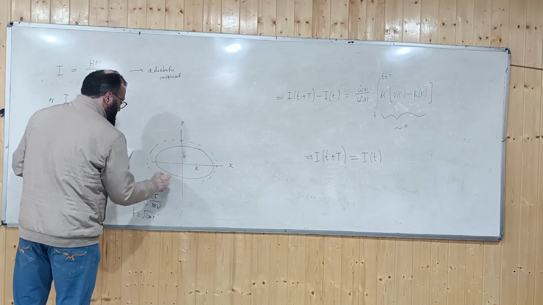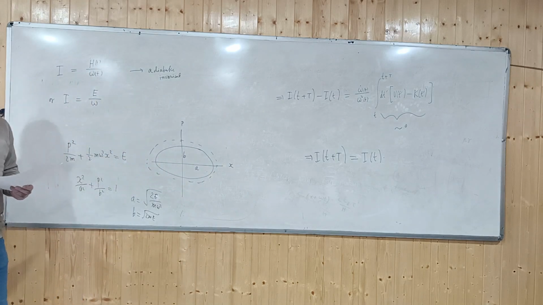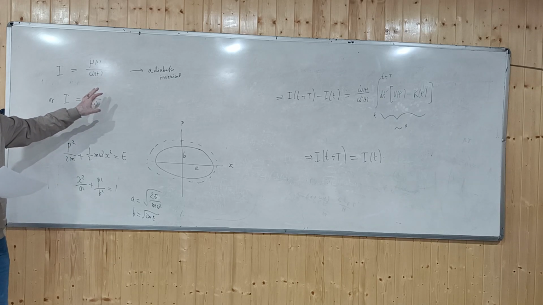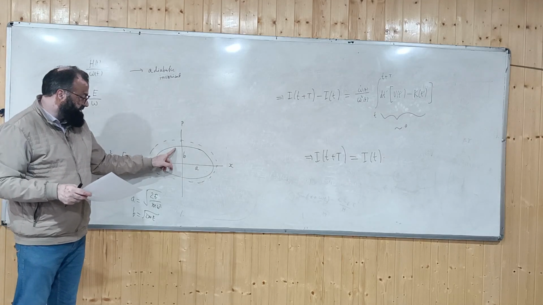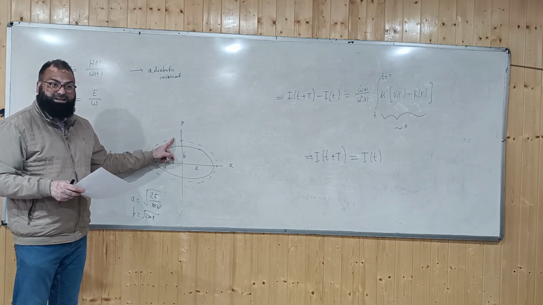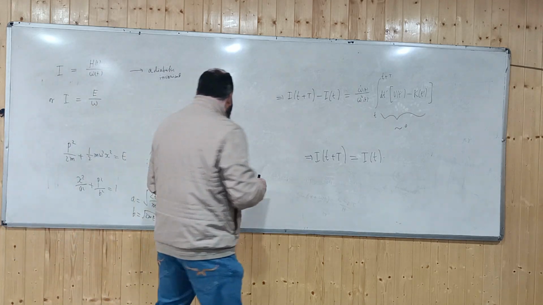So each trajectory has fixed energy. Clear? Since if I am moving adiabatically, this ratio will be constant. So for this trajectory you will have E by ω constant. Got it? So if you move adiabatically. Clear? Now let's look at the area of this ellipse.